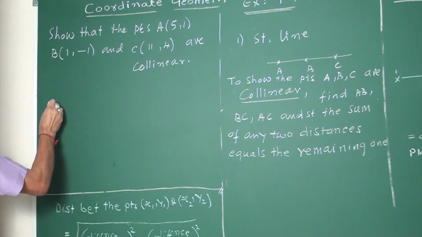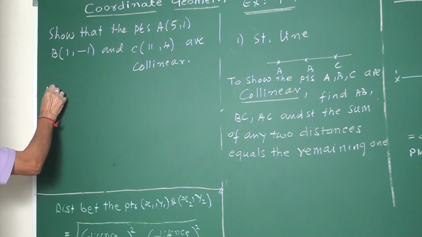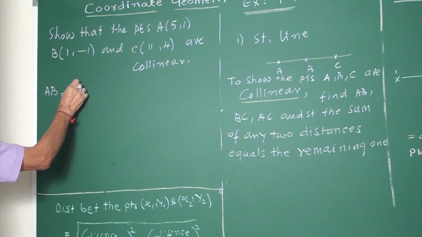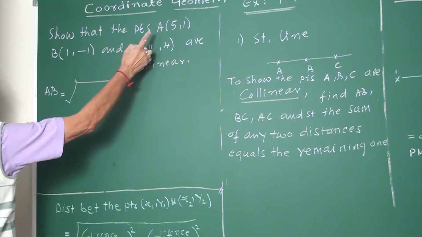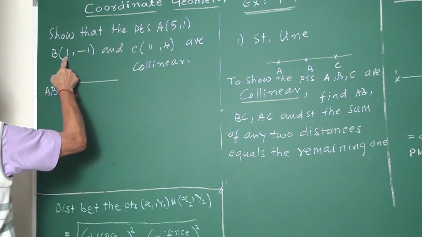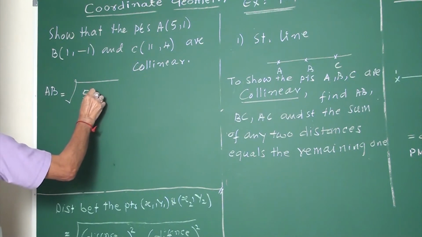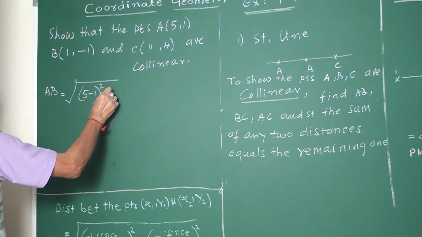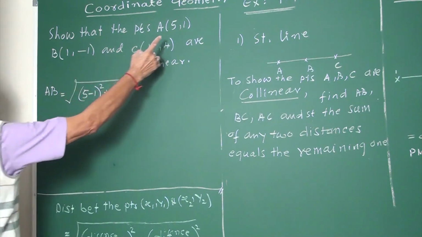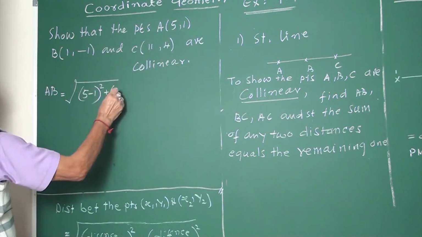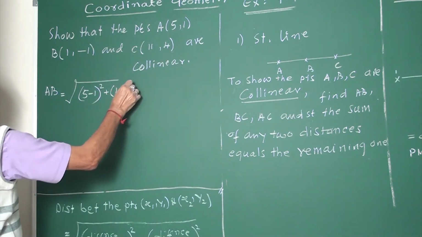First distance AB: square root of (5 - 1) whole square plus (1 minus of minus 1, that is 1 plus 1) whole square.